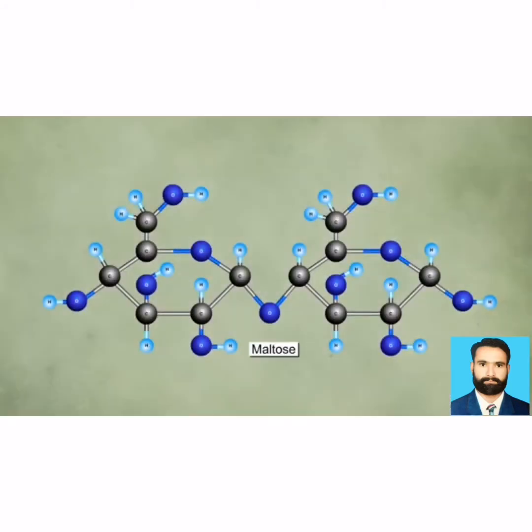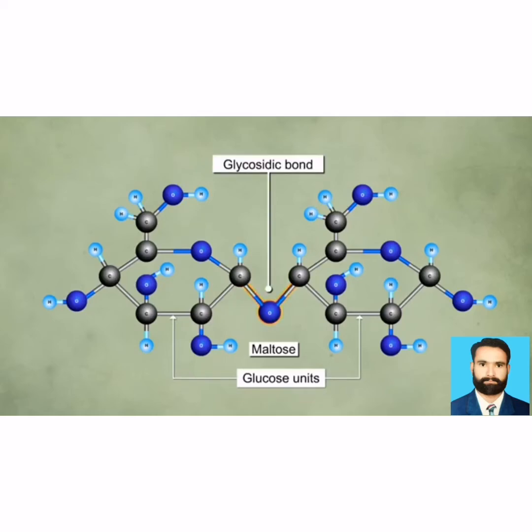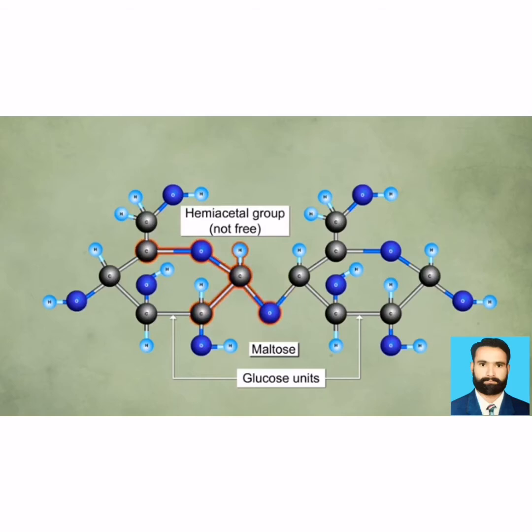Another example is maltose, which is a disaccharide. Maltose has two glucose units joined together by a glycosidic bond. The hemiacetyl group of one of these glucose units takes part in the glycosidic bond formation, whereas the hemiacetyl group of the other glucose unit remains free.